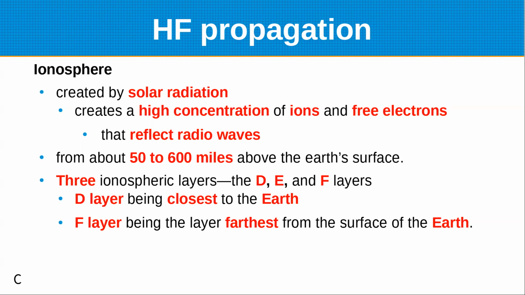It gets down into the D layer, which is the lower part, but because it has to go through a lot, much of its energy is absorbed in making ions in the F layers. But since there's more oxygen at the lower layers, you get a stronger effect, which is why the D layer, I think, absorbs more signal.